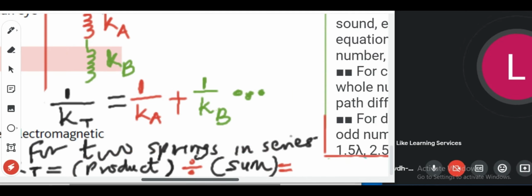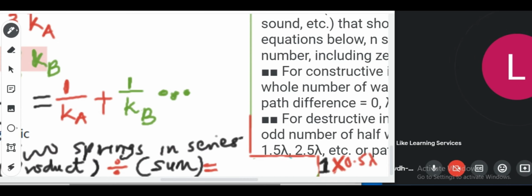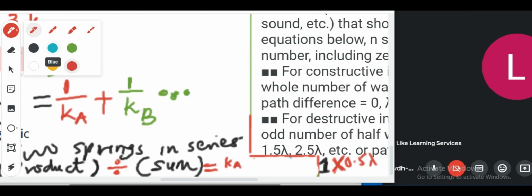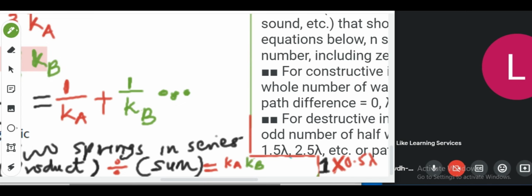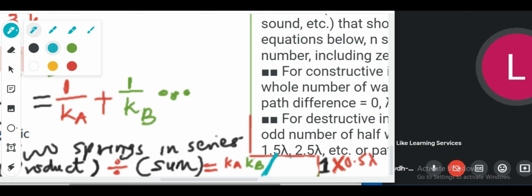That's only for two springs in series, which in this case is going to be Ka times Kb divided by Ka plus Kb.